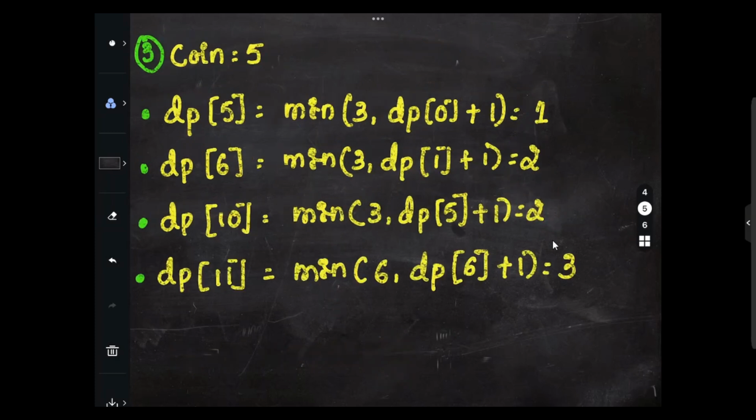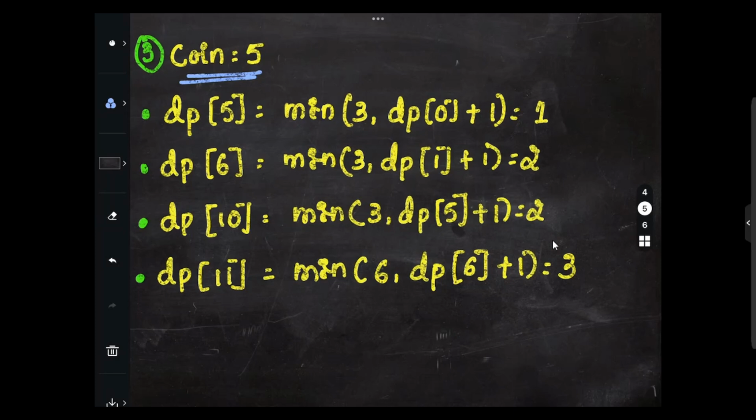So let's come to the third one, when we make use of the coin 5. So when coin is 5, we check dp of 5, 6, 10 and 11. Here you can just check from dp of 1 to dp of 11. In this case we have coin 5, right? We have to check with 5, 6, 10 and 11, right?